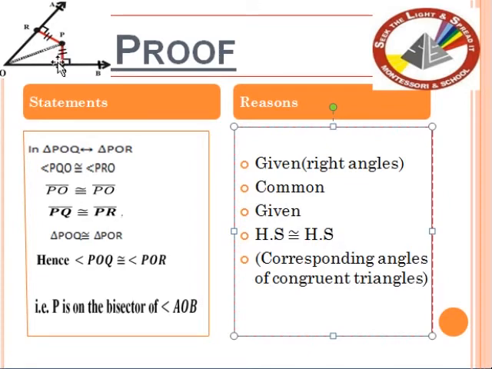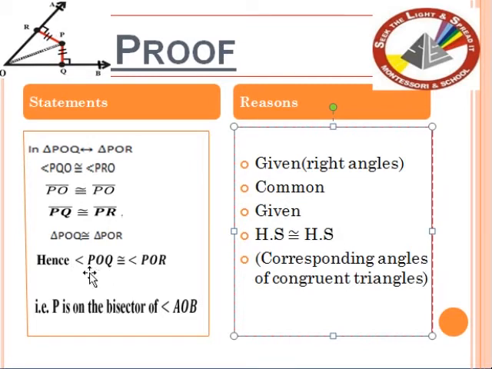You know that these two triangles were right triangles, and in a right triangle we have a property that if the hypotenuse of one triangle is congruent to the hypotenuse of the other triangle, and one side of the triangle is congruent to the corresponding side of the other triangle, both the triangles are congruent. So we are using this property.